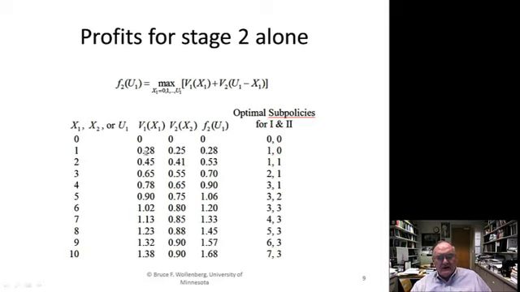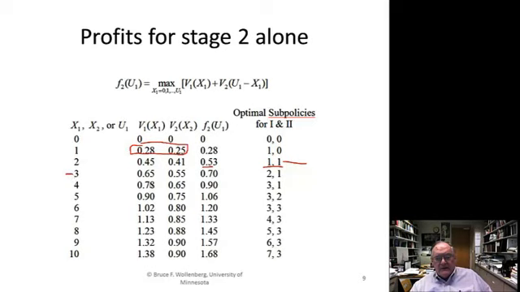Now I can go back here and sum over these, which you notice is greater than either of these. It's 53.53. So here's the optimum, and it's 1 and 1.